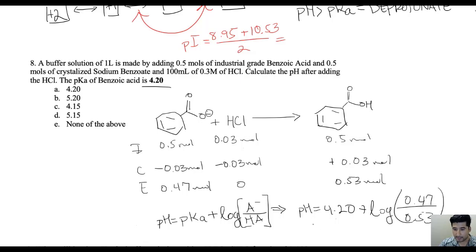And so the correct answer should be 4.15. I know this because I just did the problem before I started recording this video, so I'm not a human calculator, okay? But yeah, you would naturally be able to get it if you punched it into your own calculator.